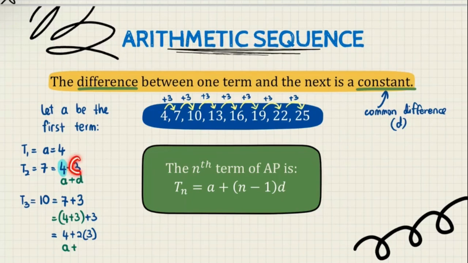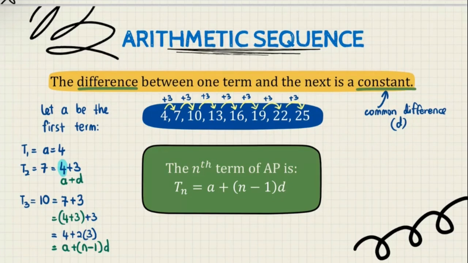Tadi saya tulis kat sini 3 adalah d kan? So this 3 adalah d. And what should I write as 2 here? 2 ini datangnya daripada mana? 2 ini datangnya daripada 3 tolak 1, which is, alamak tak muat, sekejap. So saya tulis sebagai (n minus 1)d.